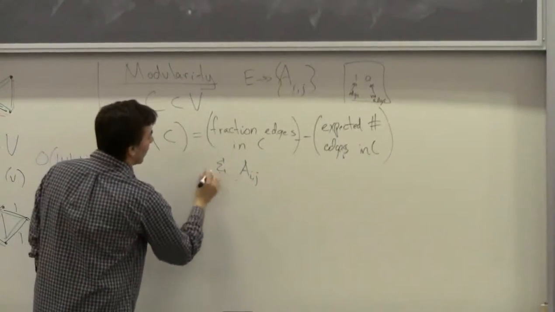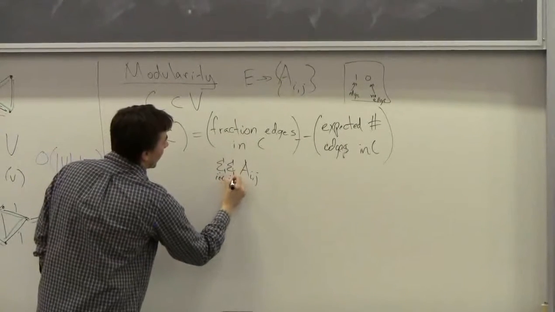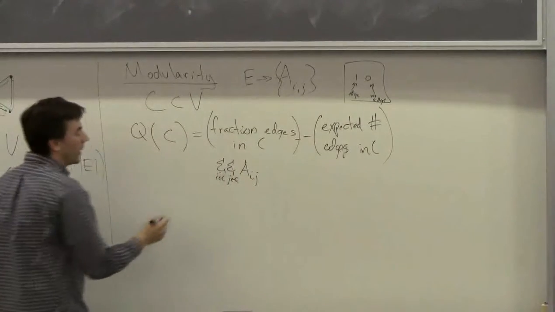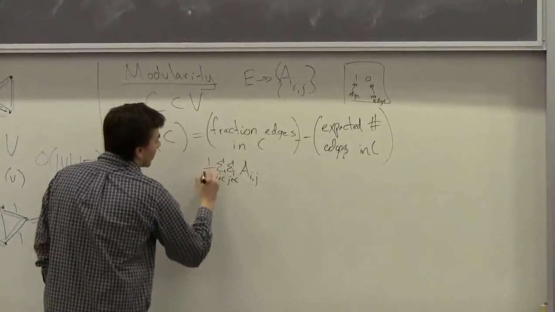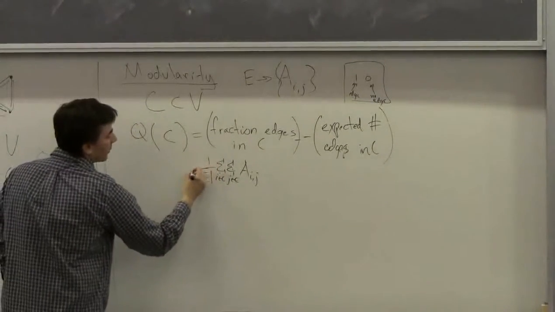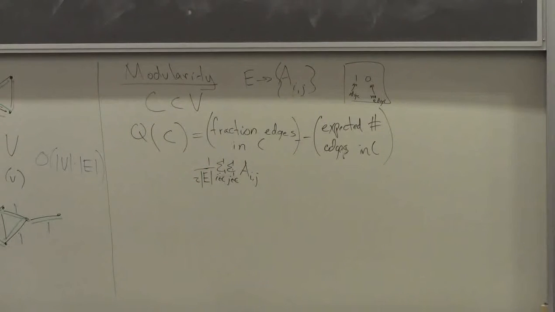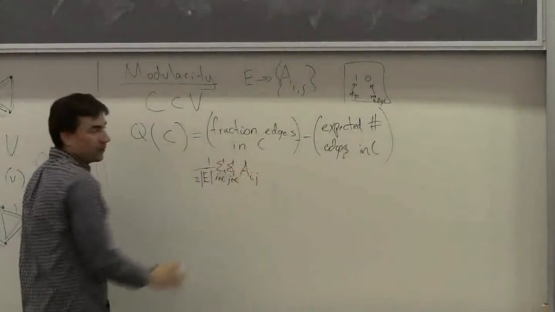So maybe it's better to say i in C, j in C. Then this counts the number of edges in C, and the fraction is the number of edges divided by 2. Okay, so this is how we get the fraction of edges in here.